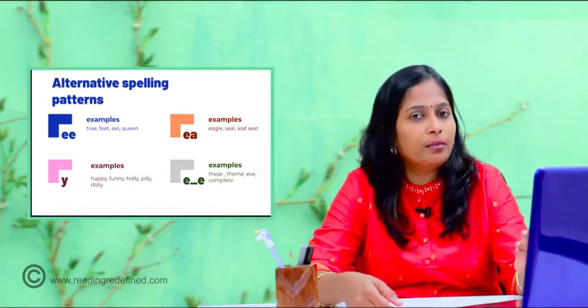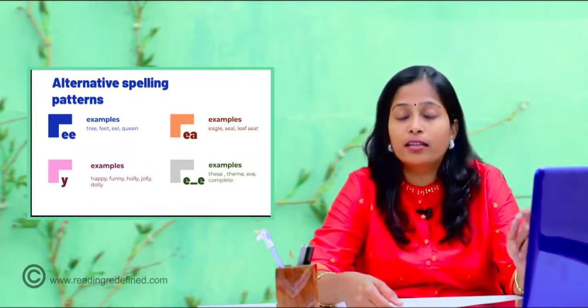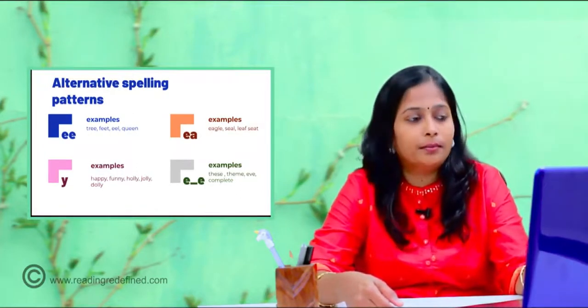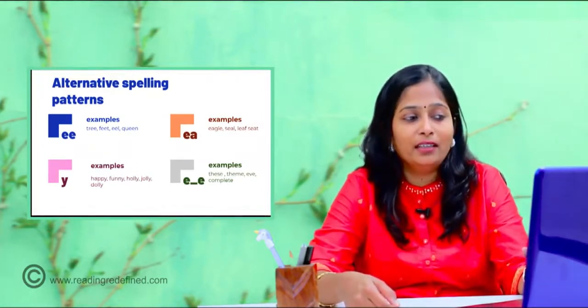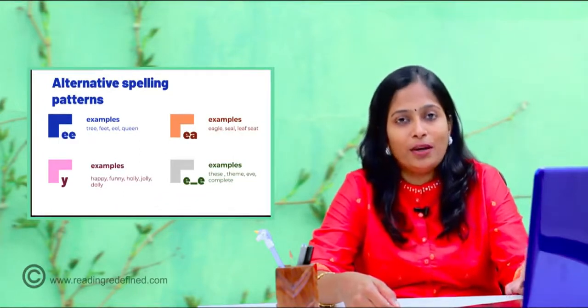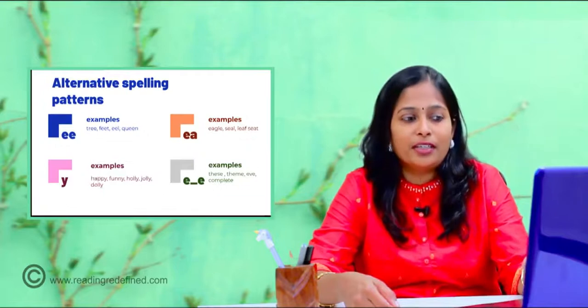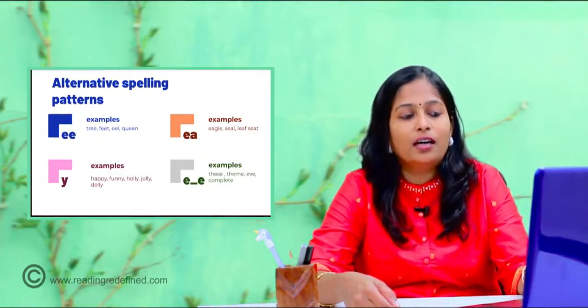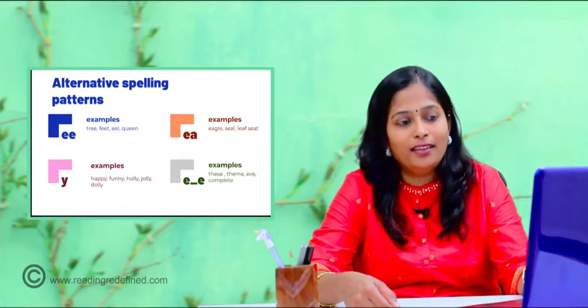So this spelling pattern is also included with the others. Like leak, EA like read, EY like key, E-E like delete, Y like happy, jolly, all this.